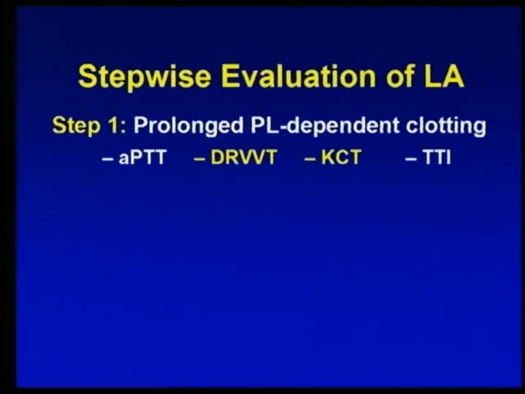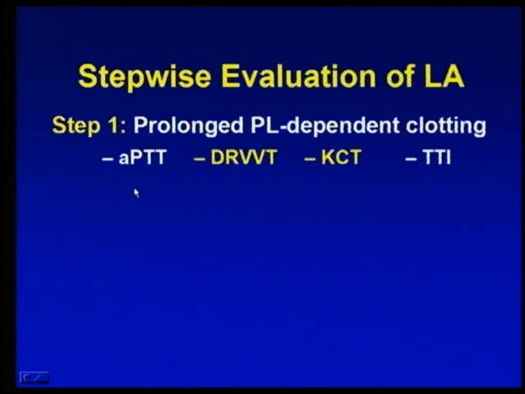There are international criteria in terms of characterizing what are truly lupus anticoagulants and in terms of a laboratory evaluation of lupus anticoagulants. And these are very important for the proper diagnosis of these antibodies. The first step is to recognize that there is prolongation of phospholipid-dependent clotting.